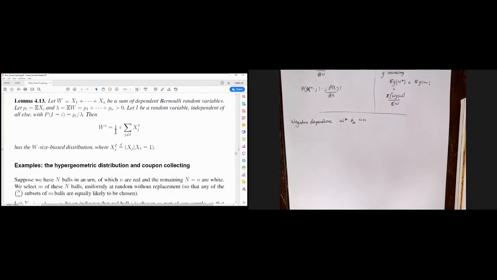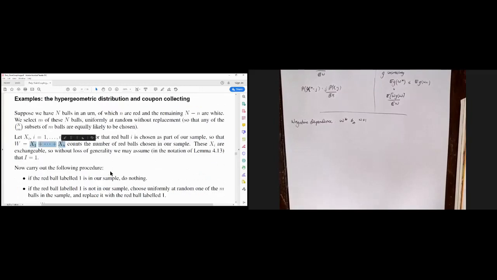I have to size bias one of them, and replace the others by what I'd have conditional on those being size biased. In this setting, it doesn't matter which one I pick, because all of these n red balls look the same. So all of those indicators are exchangeable.